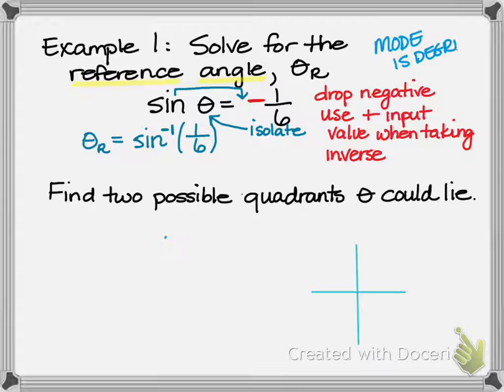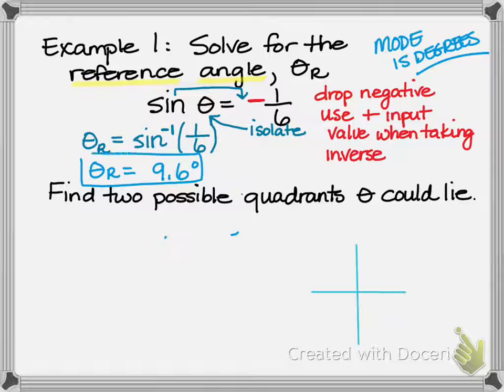So make sure your calculator is in degree mode for these problems. So when you type that out, your reference angle is going to be equal to, let's round it to the nearest tenth, 9.6 degrees. So type that in your calculator and make sure you get 9.6 degrees.